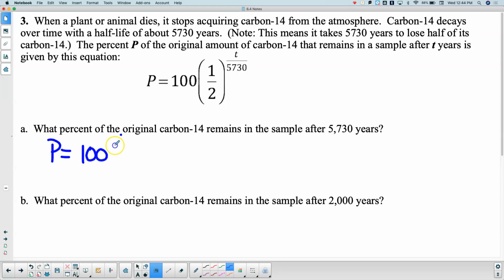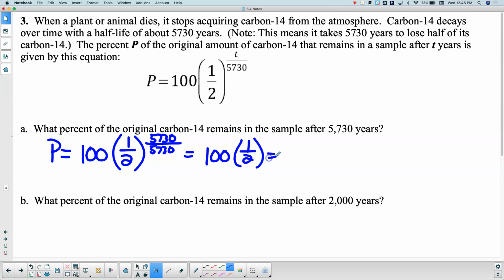For this one, you wouldn't have to, because if you're smart enough to realize, I'm giving you the answer in the problem. So that means that there is 50% left.